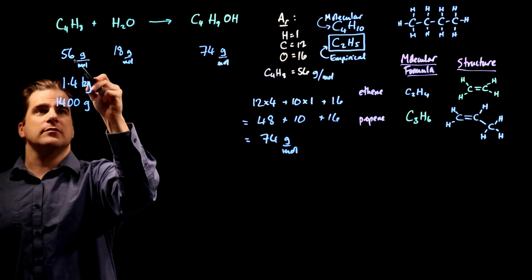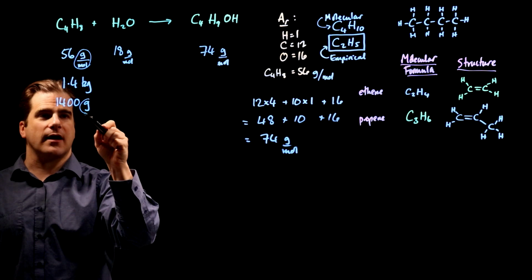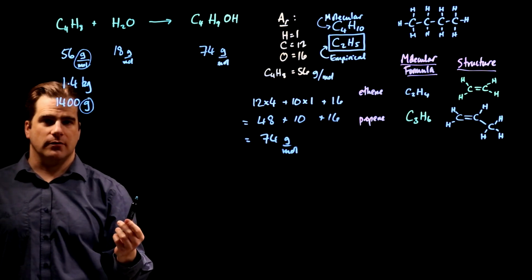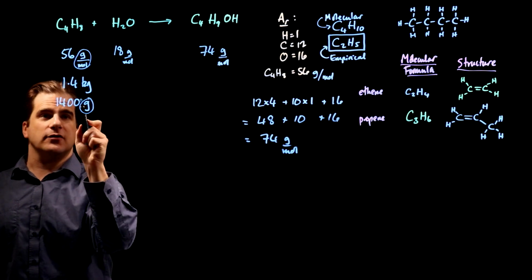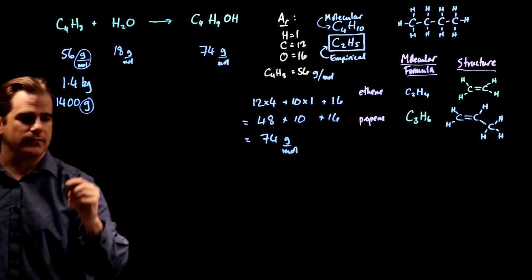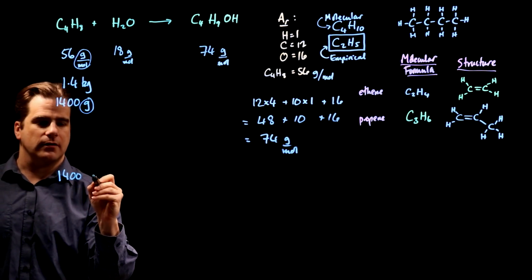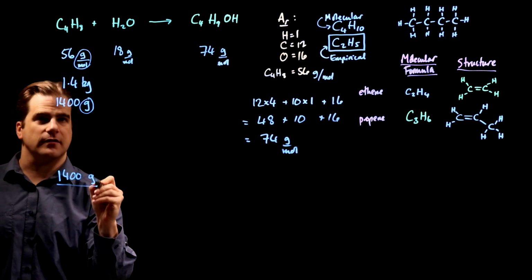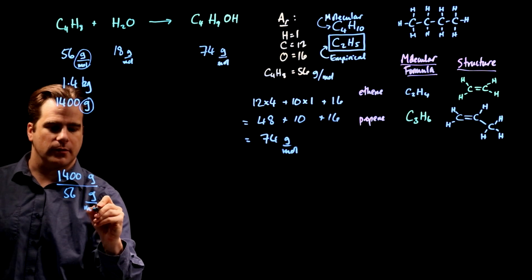Now look at the unit. We've got grams per mole and grams. We have to divide that by that. We're going to do 1,400 grams divided by 56 grams per mole.